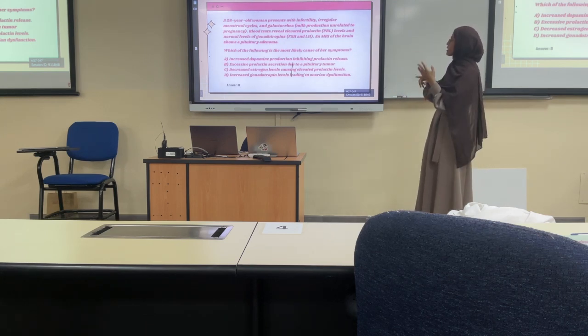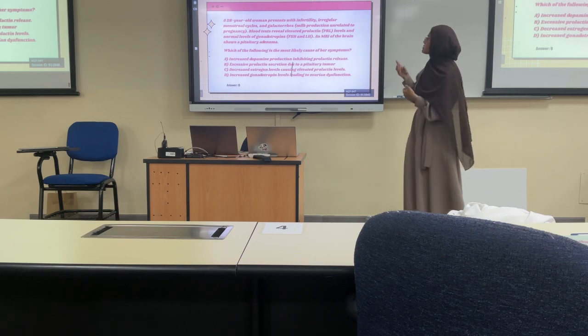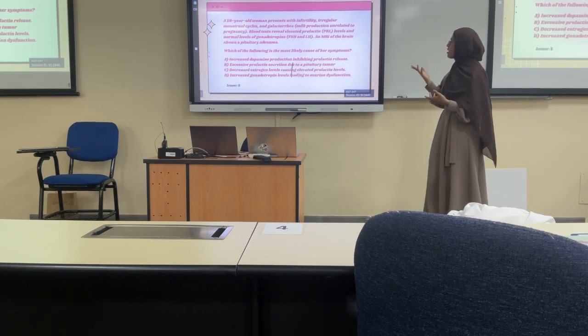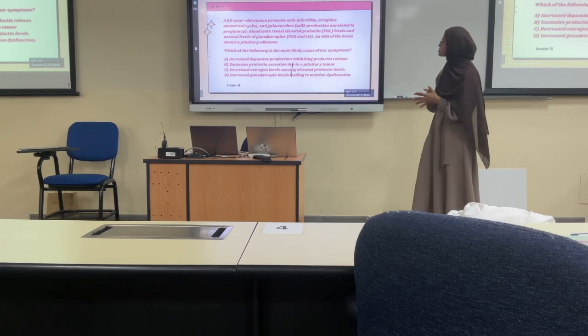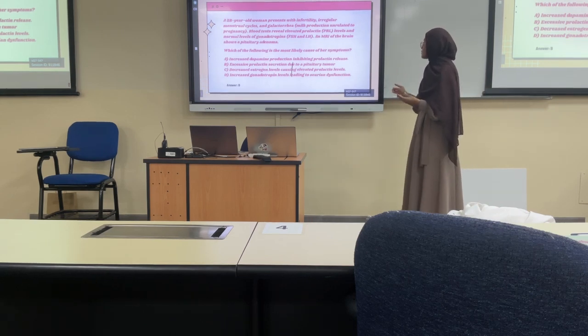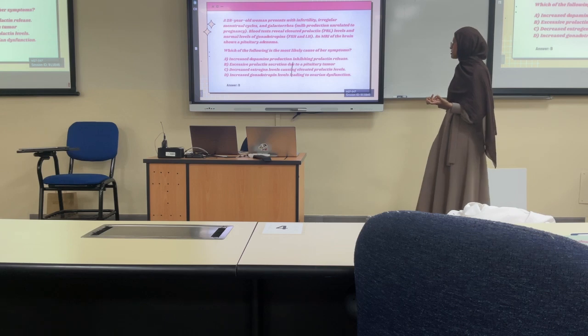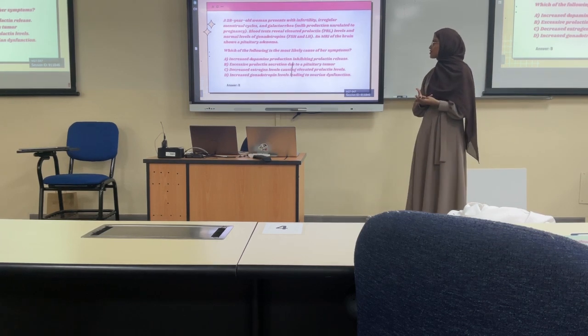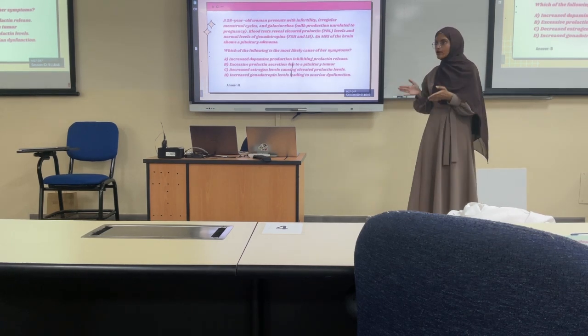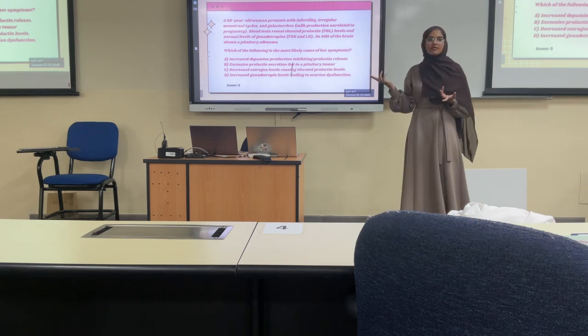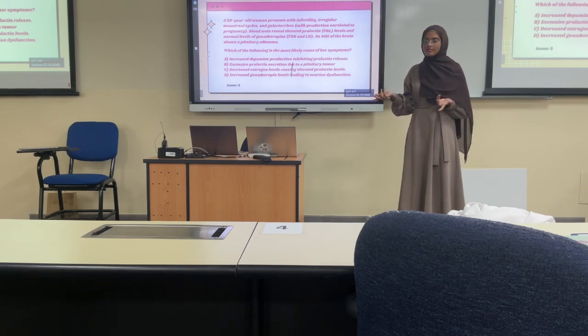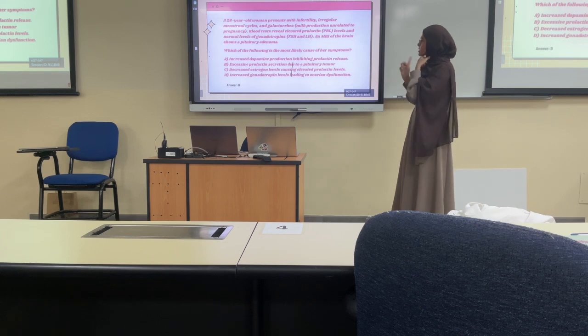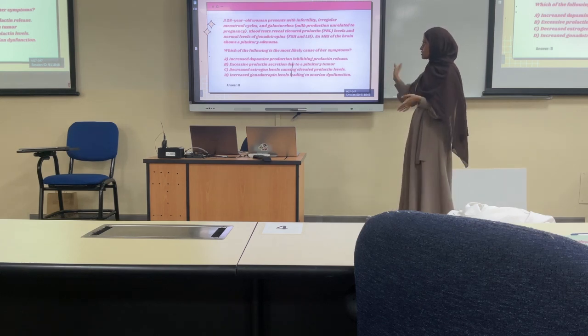There is a normal level of gonadotropins, but there is galactorrhea, which is hyperprolactinemia. Increased dopamine production, inhibiting prolactin release. Does increased dopamine production inhibit prolactin release? It's correct, but not in the hyperprolactinemia. Okay? And excessive prolactin secretion due to pituitary tumor, this one is correct.